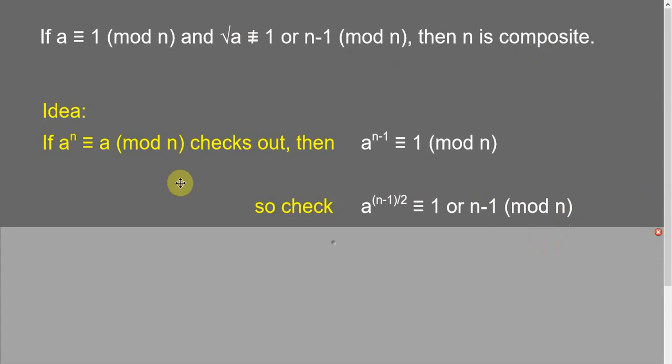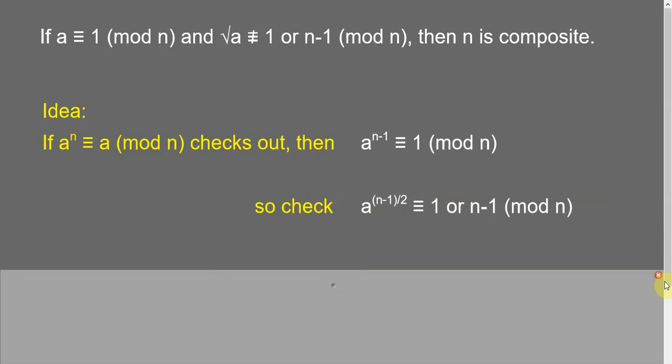So it's like an additional check for each A. We check this, and then we also check this. And actually, you'll see in the examples, if this is a 1, then we can do it again. We could take the square root again, assuming this is an even number, and see if that one is 1 or n minus 1. And you can keep going. I'll show you that in our examples.